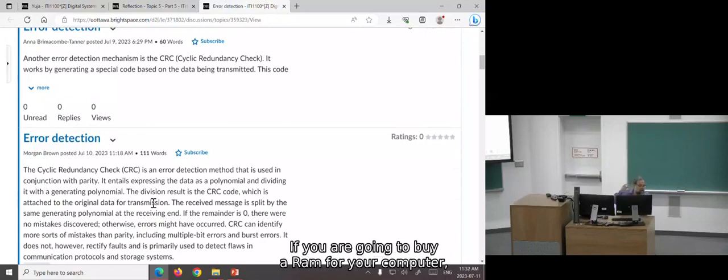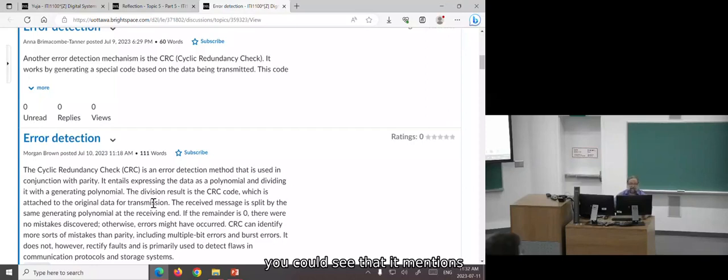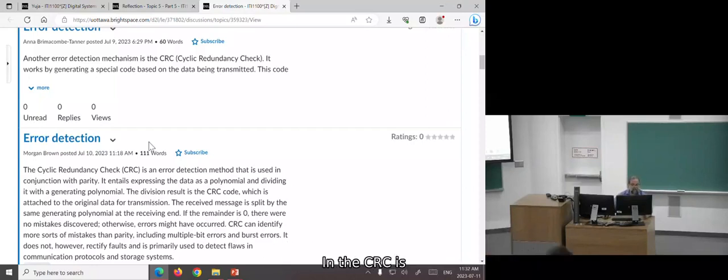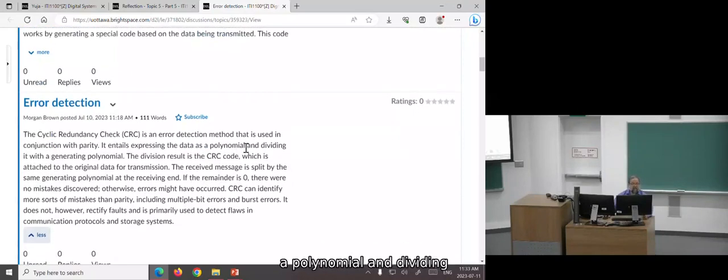If you are going to buy a RAM for your computer, you could see that it mentions which CRC they are implementing in the RAM. CRC is an error detection method that is used in conjunction with parity. It entails expressing the data as a polynomial and dividing it by a generating polynomial.